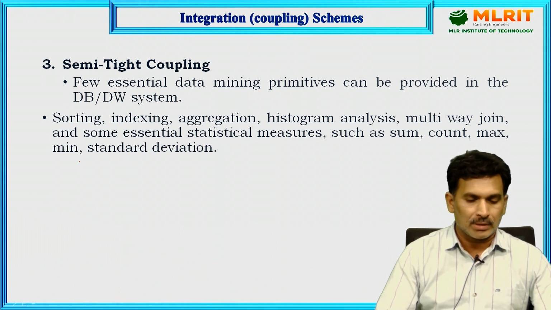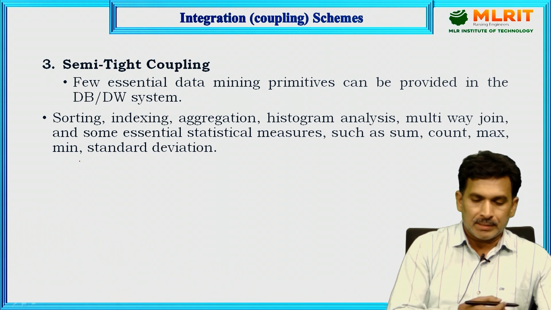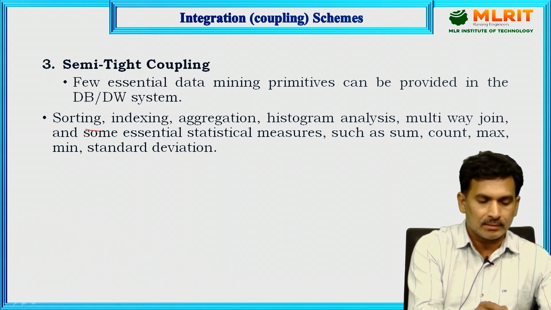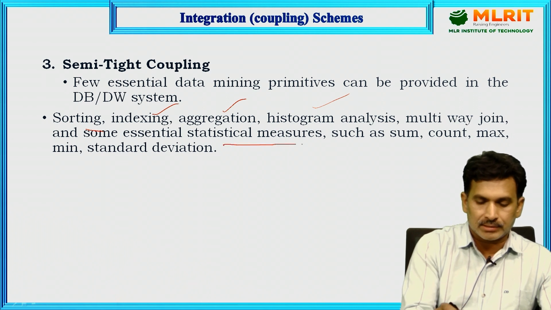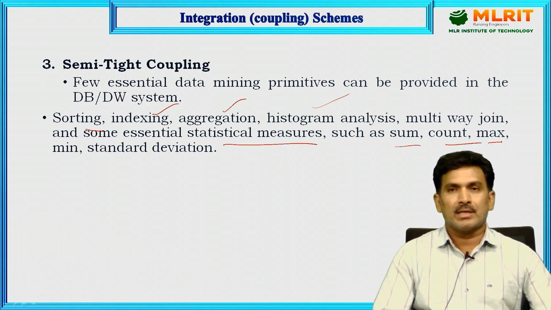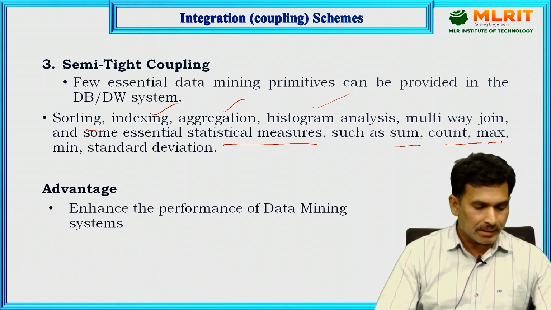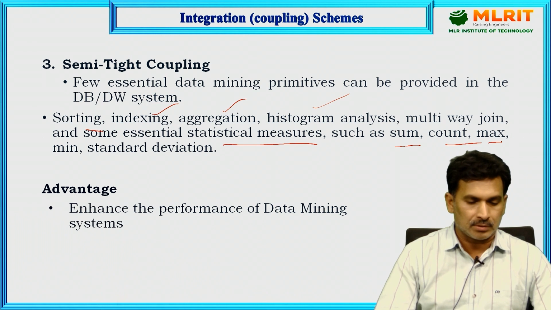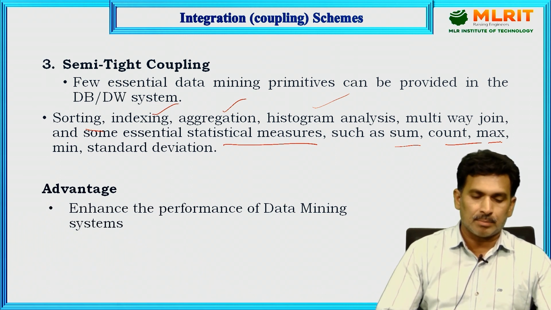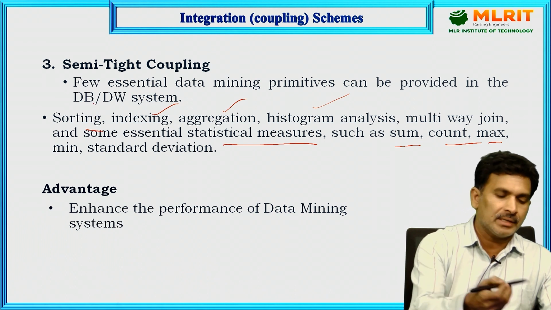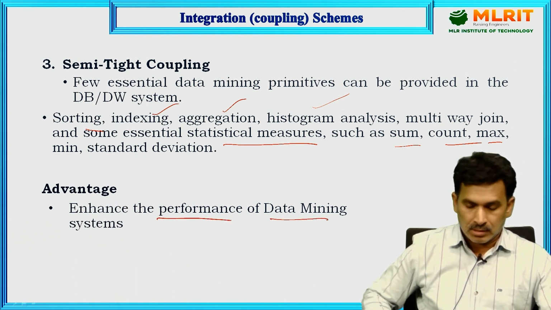In this case a few essential data mining primitives can be provided in the database or data warehouse system, such as sorting, aggregation, histogram analysis, etc., and also some essential statistical measures such as sum, count, max, minimum, standard deviation, etc. The advantage of this semi-tight coupling scheme is that it enhances the performance of a data mining system, because the efficient primitives are incorporated in the database or data warehouse system.